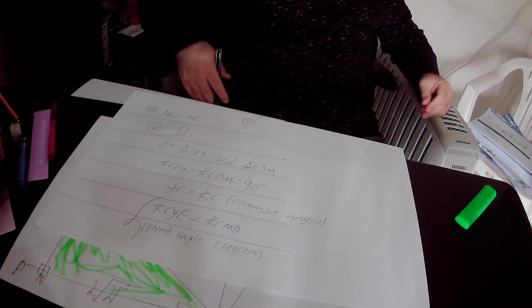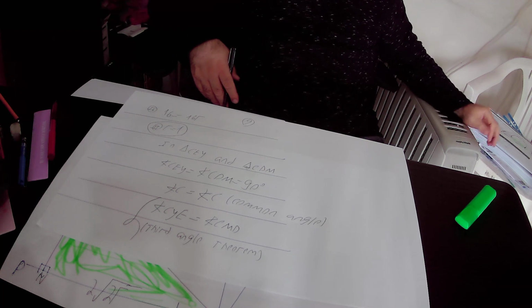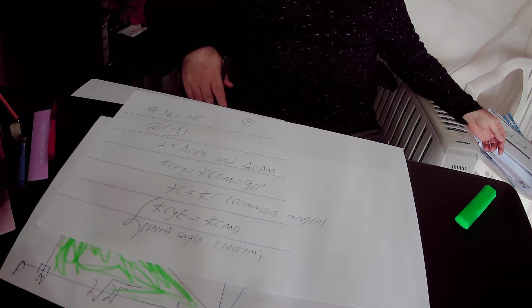So what is the third angle theorem? The third angle theorem is that if two angles in one triangle are congruent to two angles in another triangle, then the third pair of angles must also be congruent.